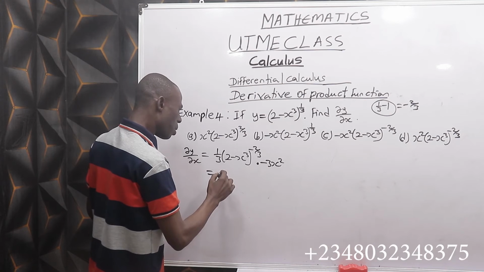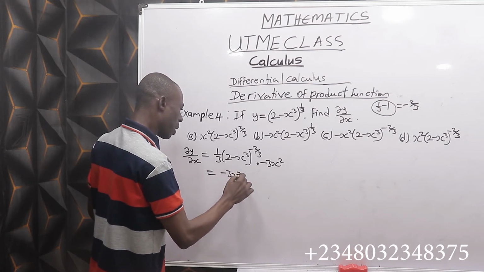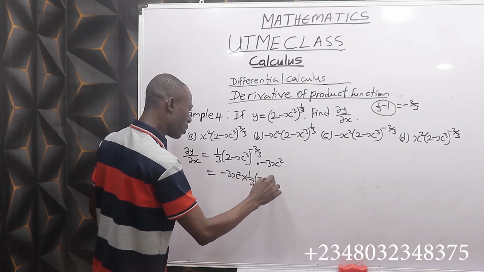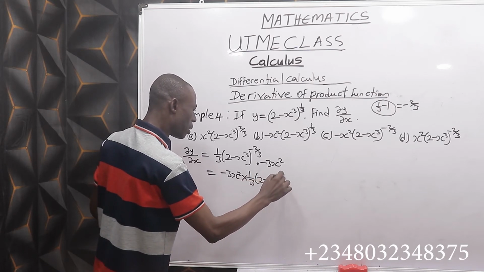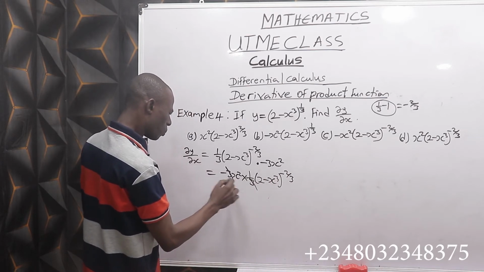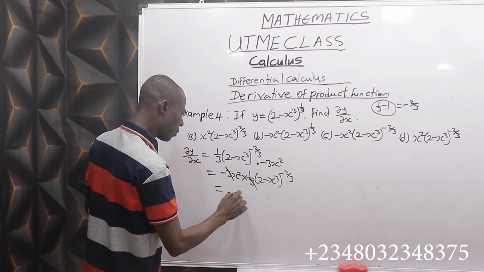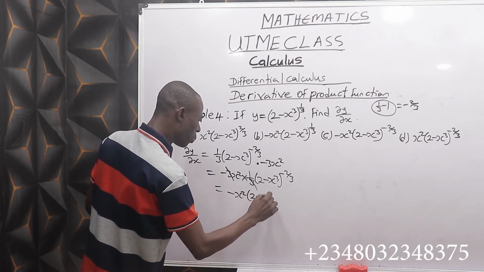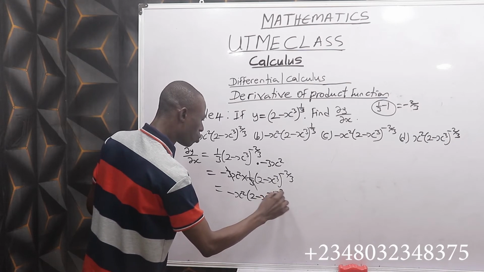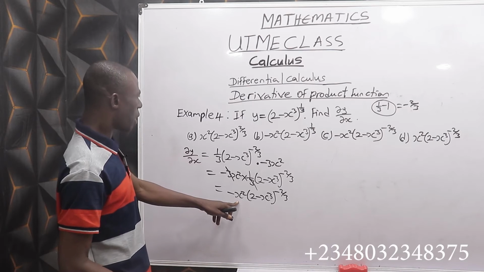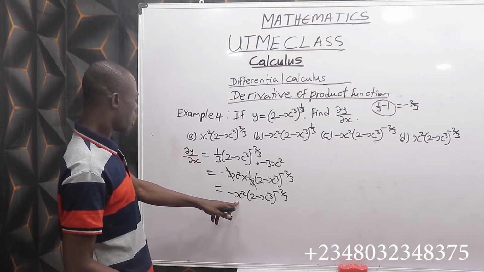It means minus 3x squared times 1 over 3 into 2 minus x raised to power 3 raised to power negative 2 over 3. This 3 will take care of this 3. It will remain negative x squared into 2 minus x raised to power 3 raised to power minus 2 over 3. Is any of the options like this?